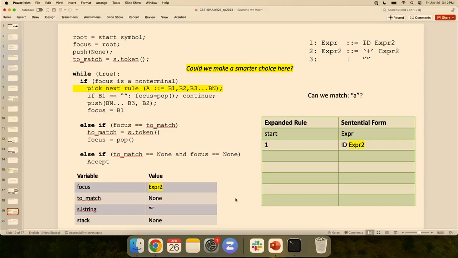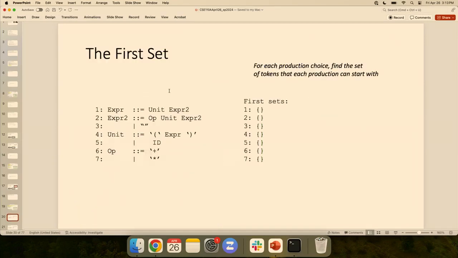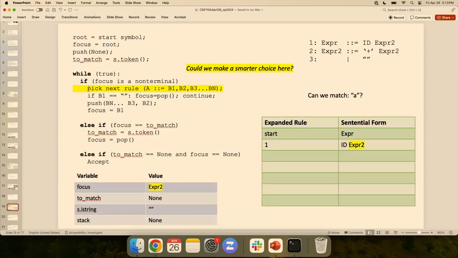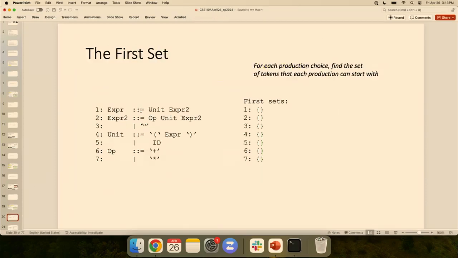And the idea is that we want to be able to codify this. We want to be able to come up with rules so that we can know exactly which rule to pick next. And so to do that, this is why we have the first set. Now remember, what the first set is, the intuition here is that we want to know which rule to pick next. And we want to be able to figure out that rule depending on the token that we're trying to match. So the thing is if we're down here, if we are matching an op, that gives us 2 choices.